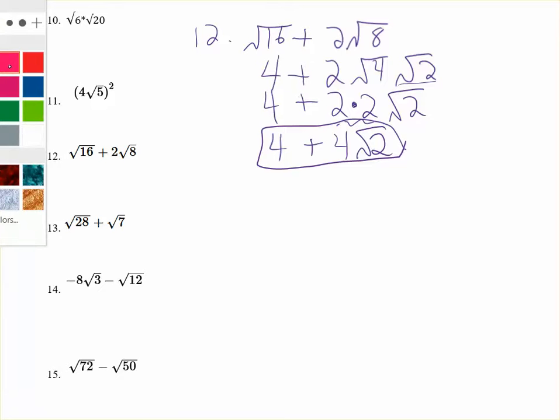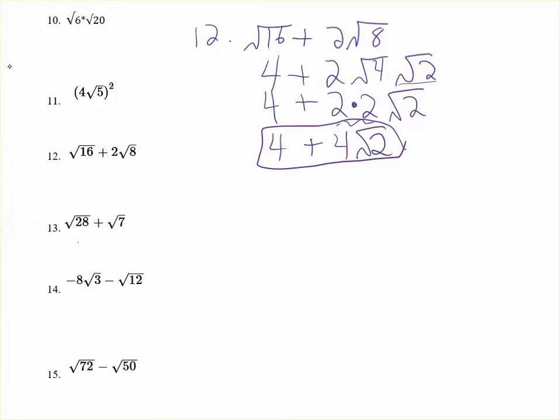I believe I did number 13 in the other video, so let's look at number 14. In 14, we have negative 8 square root of 3, minus the square root of 12. Again, we cannot combine these because they do not have the same root. Underneath the radical is not the same.